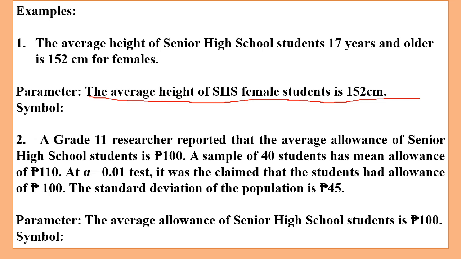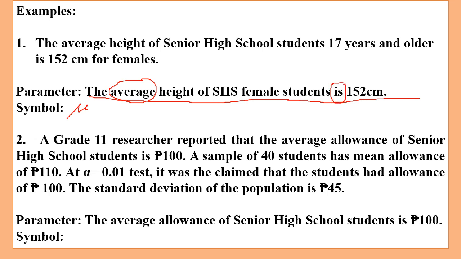Now in symbol, let's highlight this average. The average in parameter is symbolized as what? The mu symbol. Now, what is the keyword of this parameter? The word is.